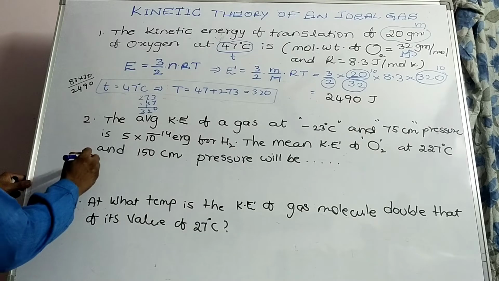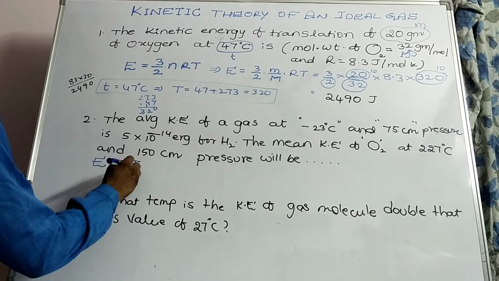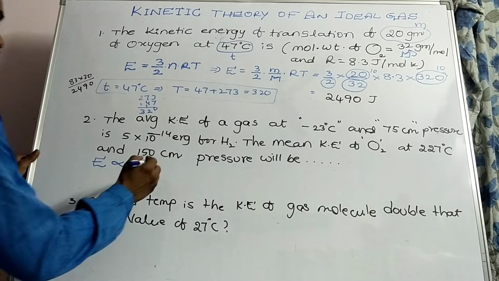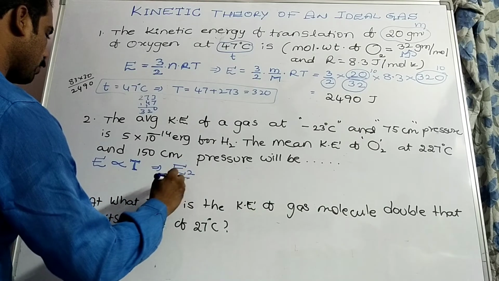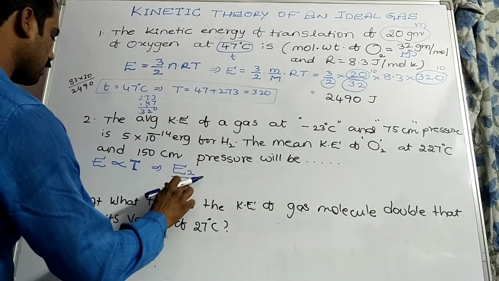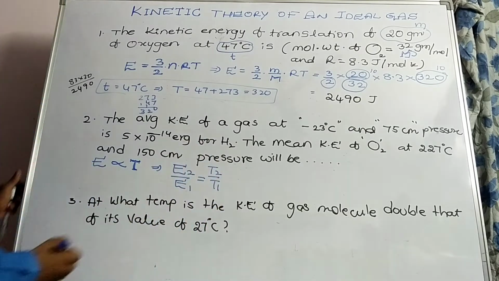Basically, average translational kinetic energy E depends on the absolute scale of temperature. So that implies we can write E2 by E1 is equal to T2 by T1.